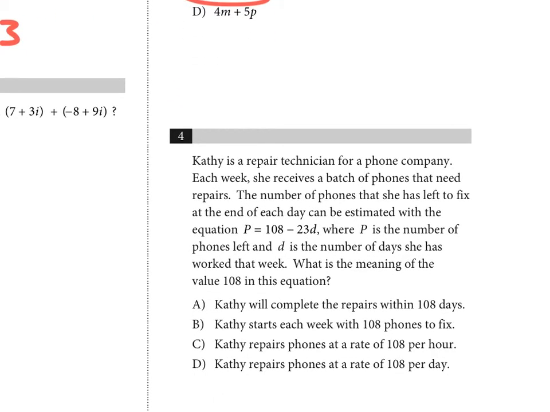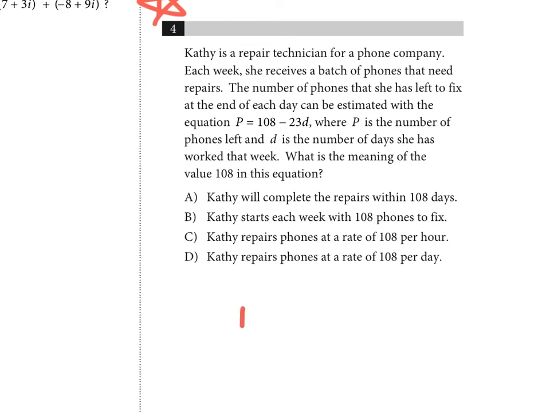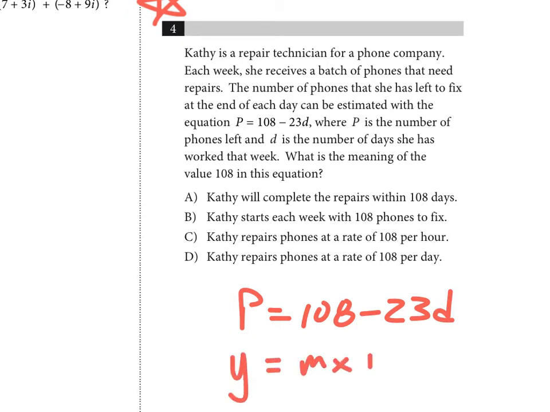Number 4. P equals 108 minus 23D. This is the same thing as y equals mx plus b. So if you're in Algebra 1, then this is stuff we've covered.